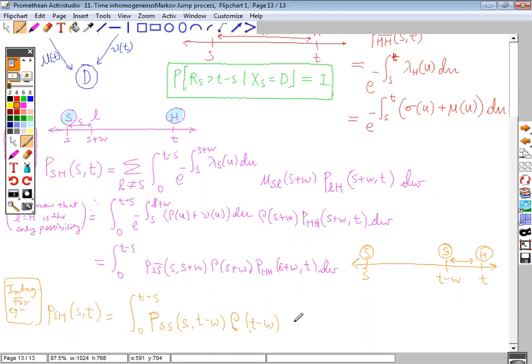Okay, so maybe what will help is whenever we draw this transition diagram, you know that at t minus w, let's say the intermediate state is S, you can again draw some curve here and say that you land up in state H, because this transition rate will allow you to end up in the state H here. And then you stay in this state for the rest of the time.